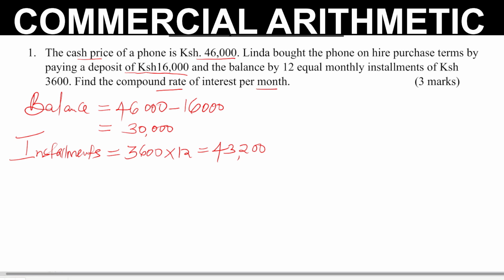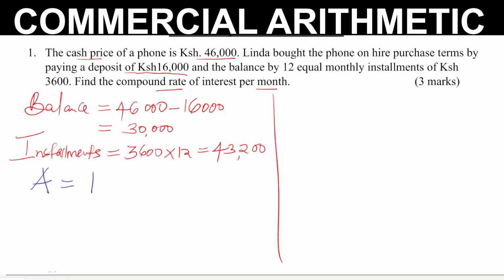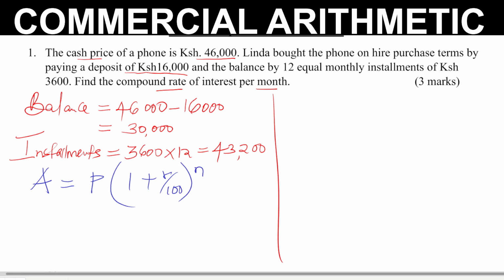So we need to find the compound interest for that balance that is going to be paid through hire purchase. We are going to use the compound interest formula. And the compound interest formula goes like this: amount is equals to principal, 1 plus r over 100, raised to power n, where A is the amount, P the principal, the initial amount, and n is the period.